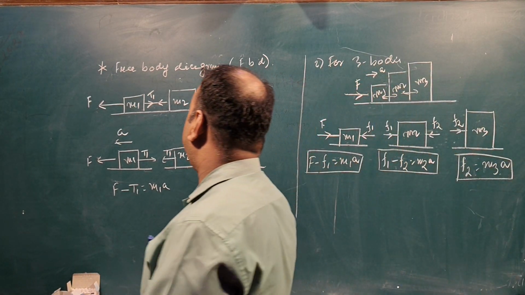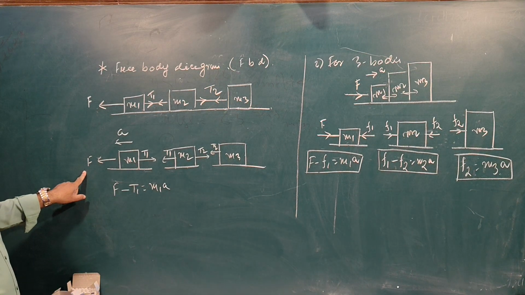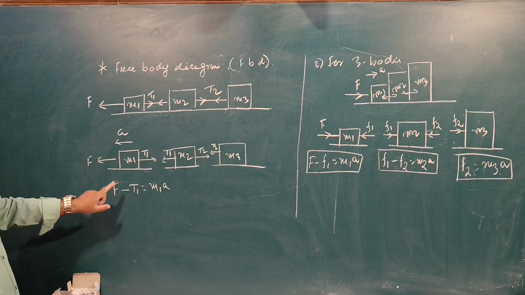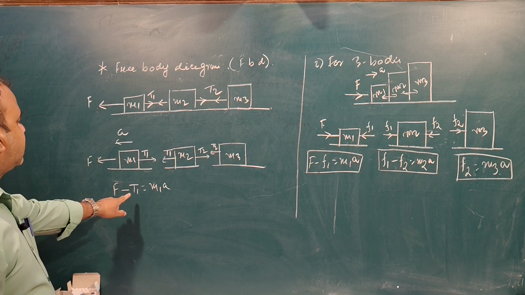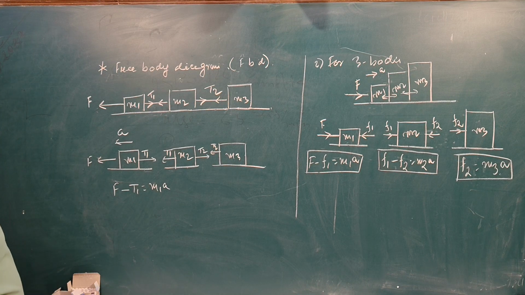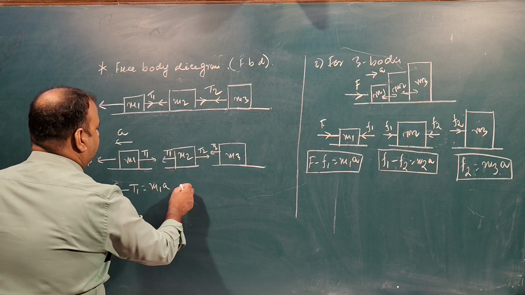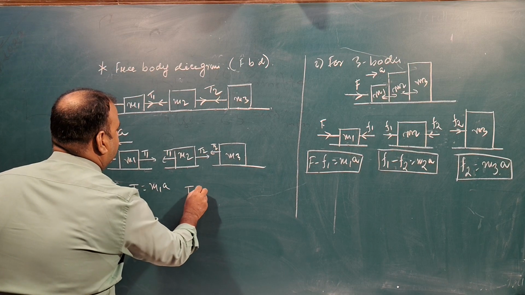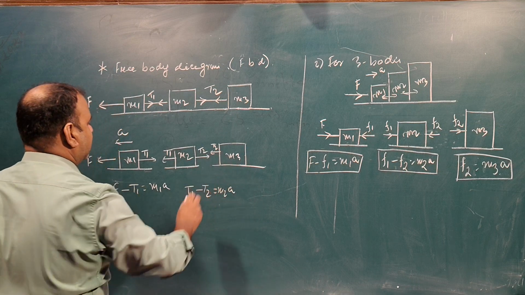So remember, in the first diagram this is the applied force, acting opposite to the other forces. That is why we can write F minus T1 is equal to M1A. For the second diagram, we can write T1 minus T2 is equal to M2A.